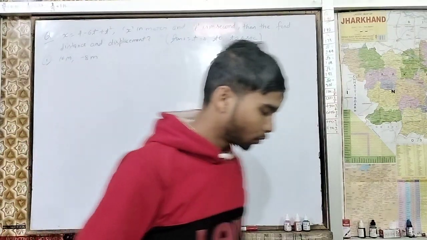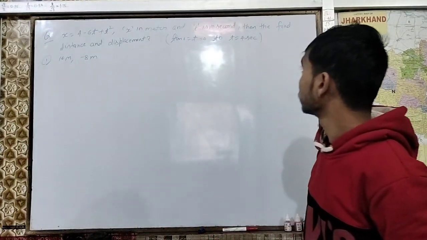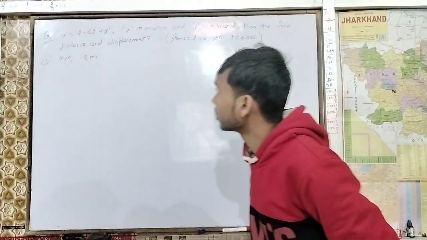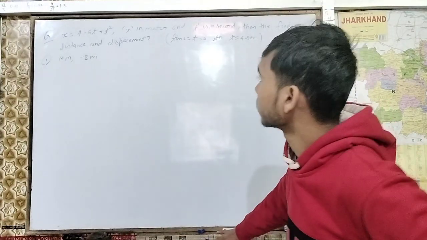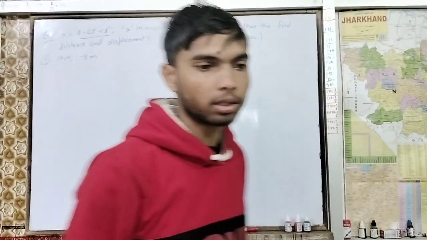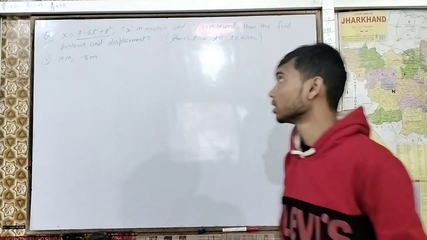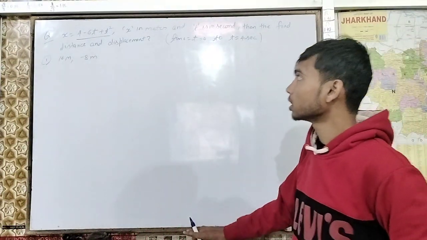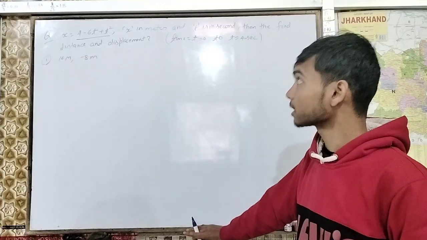X is the location of, let's just say, a particle. The location of the particle is x equal to 4 minus 6t plus t square. We can arrange it properly, so it will become t square minus 6t plus 4.